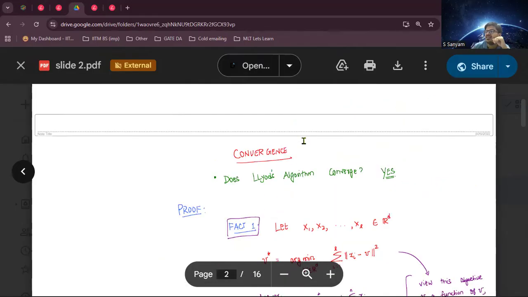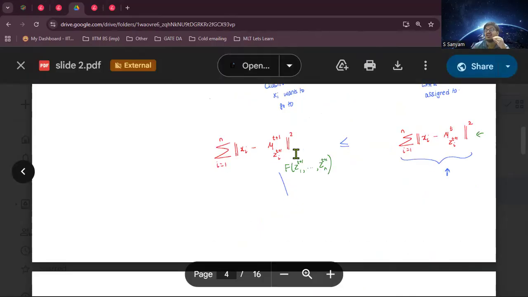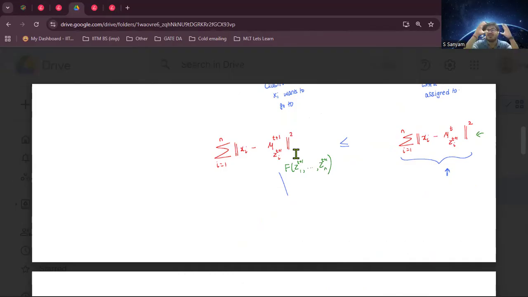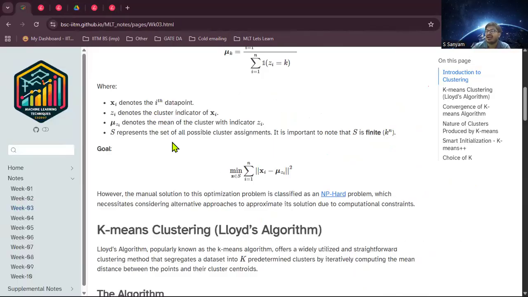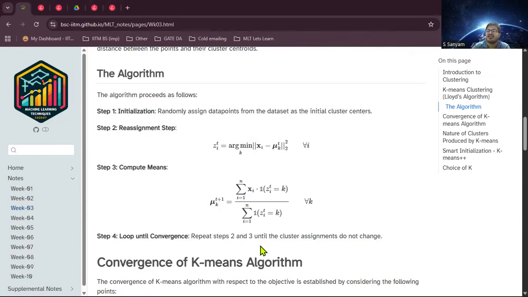Basically, this says that we are minimizing our objective function at every step. We do the reassignment, then calculate the new mean after the configuration has changed.